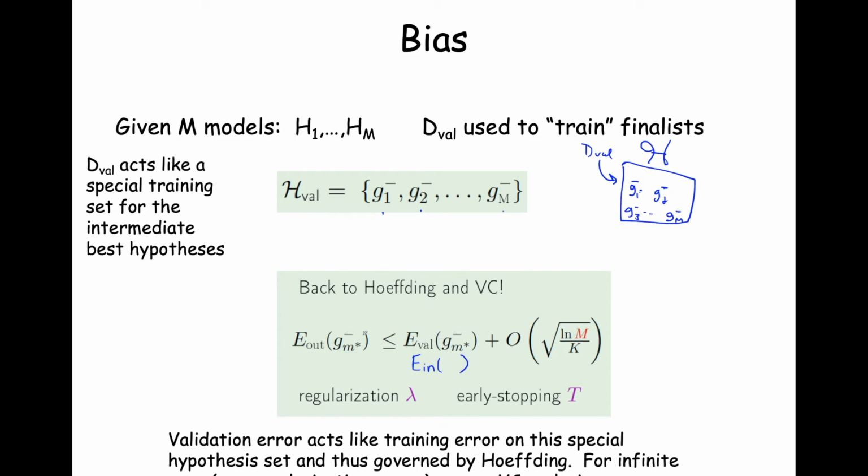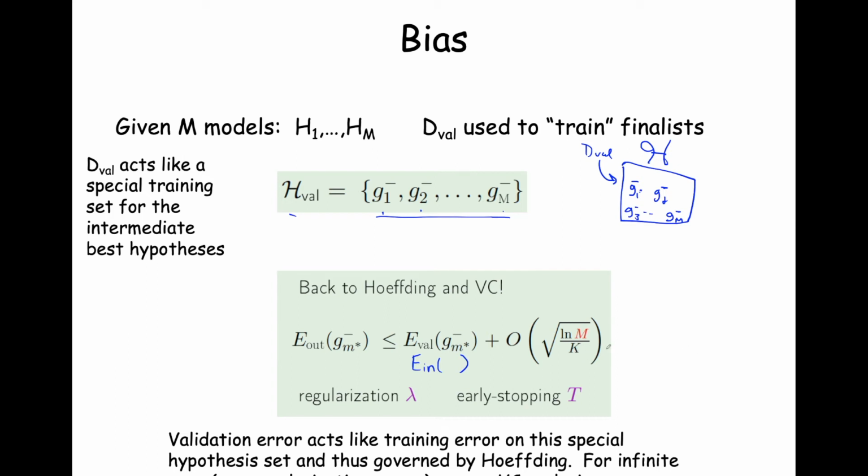So we have E out of our final best hypothesis from the specialized set that consists of all of the limited g's, g1 minus through gM minus. Our out-of-sample error is bounded from above by this validation error among each of these hypotheses, plus the complexity measure. This complexity measure involves the size of the data set.